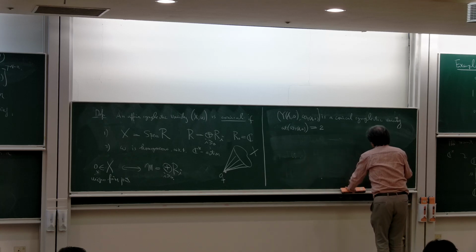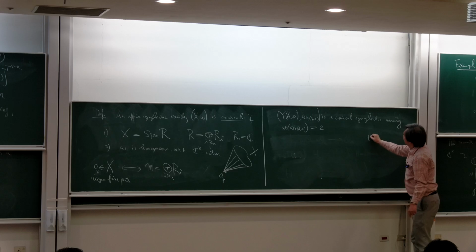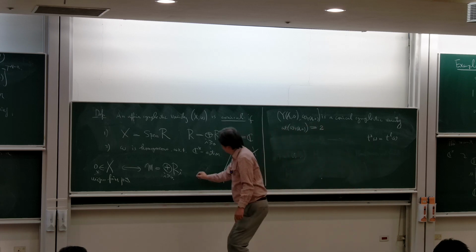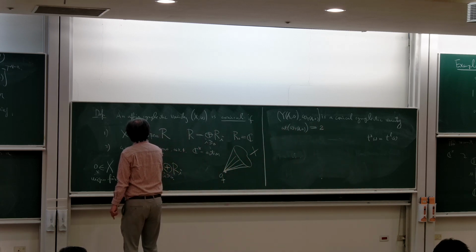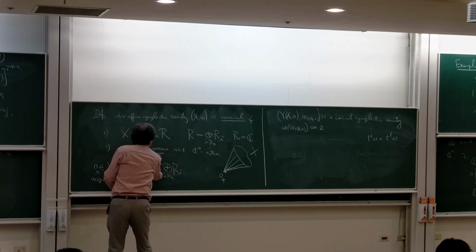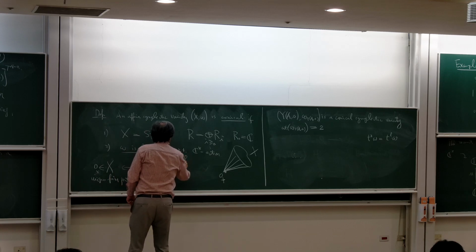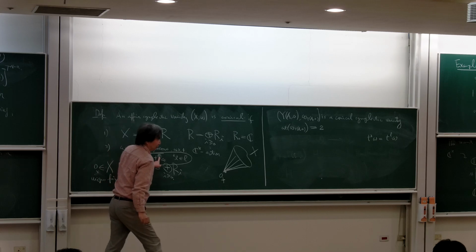If X is symplectic, then the weight is defined as follows: t star omega equals t to the power L times omega, for some integer L. And this L is called the weight of omega.